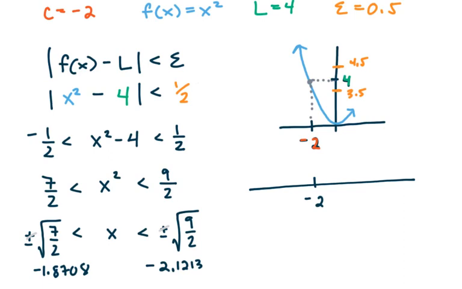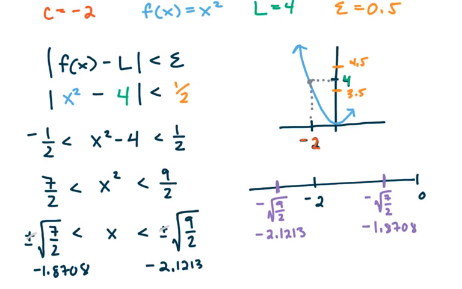So if I look at those two values that I'm considering to create my delta window, remember 0 is over here. We have negative square root of 9/2 and negative square root of 7/2. Okay, thinking about that as a decimal, I've got -2.1213 and -1.8708.